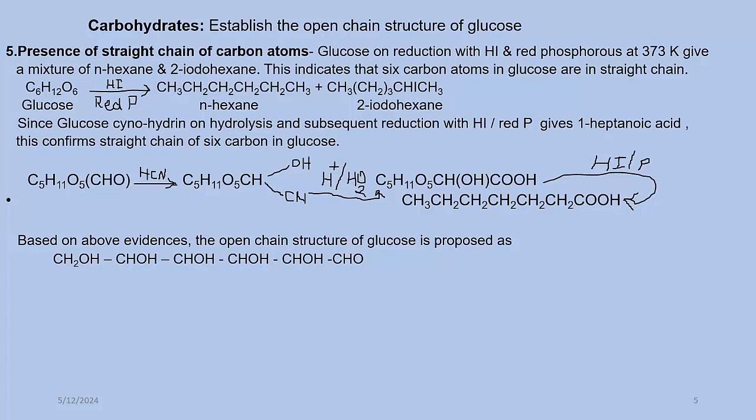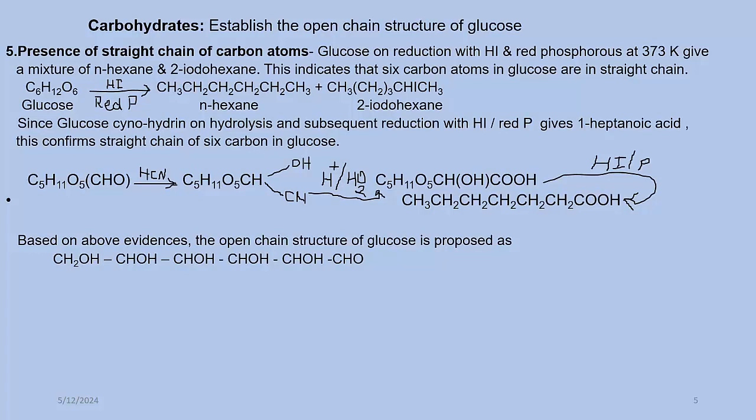This indicates that 6 carbon atoms in glucose are in a straight chain. Since glucose cyanohydrin on hydrolysis and subsequent reduction with HI and red phosphorus gives 1-heptanoic acid, this also confirms a straight chain of 6 carbons in glucose.